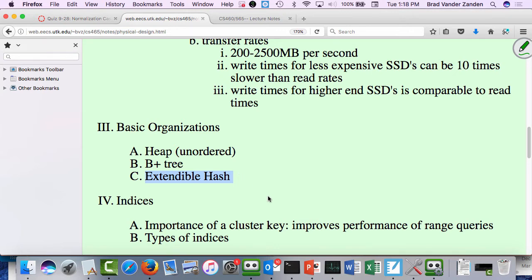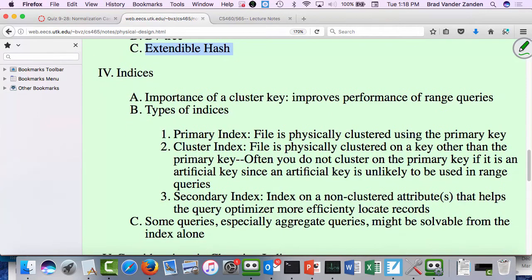Okay, so when we are organizing our file, or determining how to arrange the tuples in a file, you'll often hear something called a cluster key. It is basically the attribute or set of attributes that are used to physically sort the file, and they improve the performance of range queries.